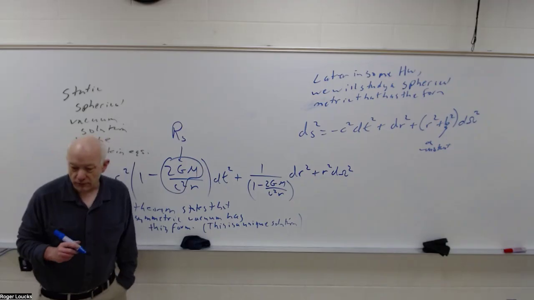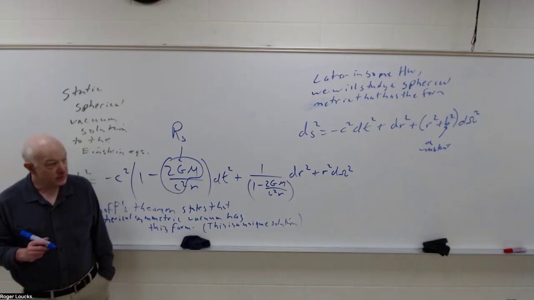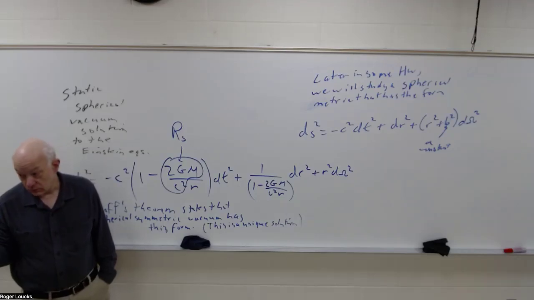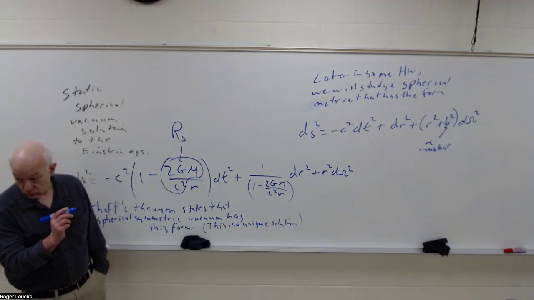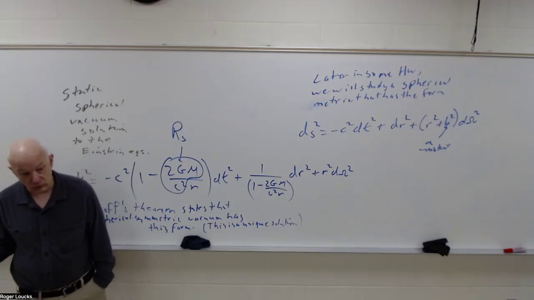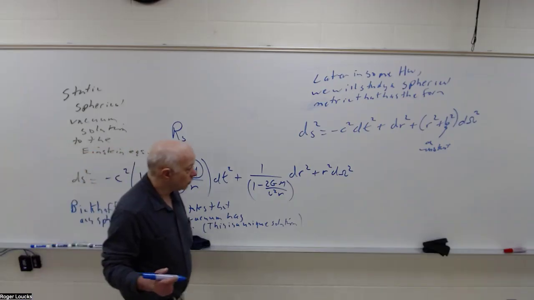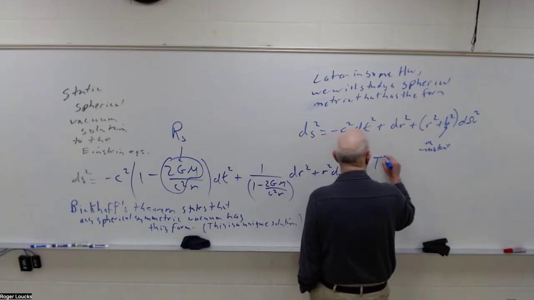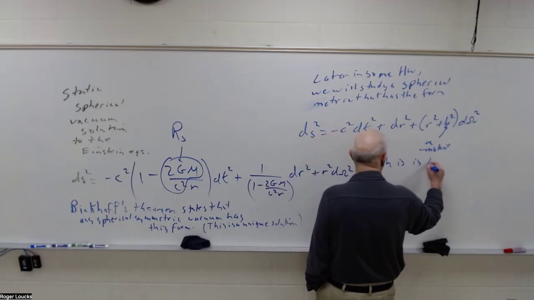So from Birkhoff's theorem, what does that state then? That can't be a vacuum solution. Now, that's going to be fun to look at, because this is actually going to be the metric for a wormhole.